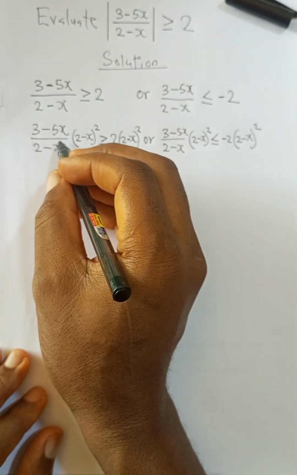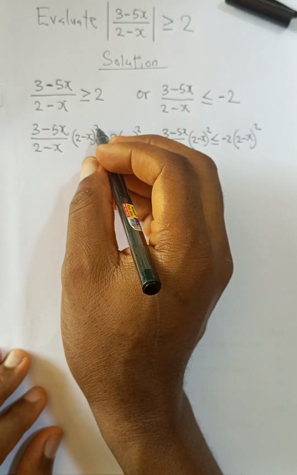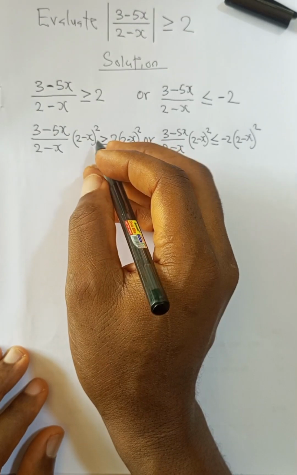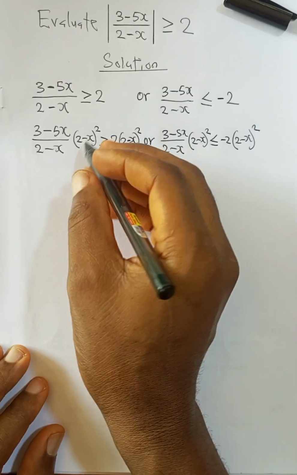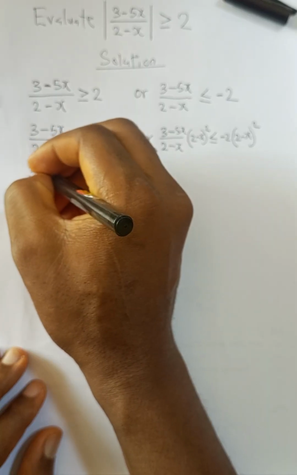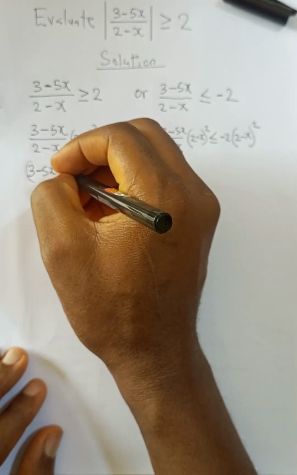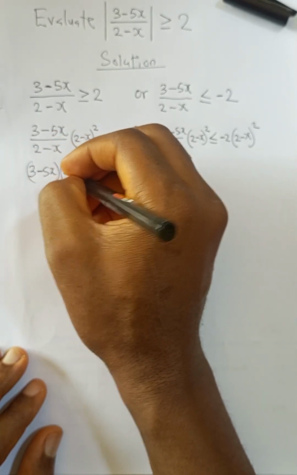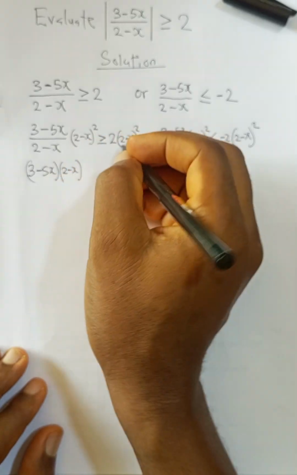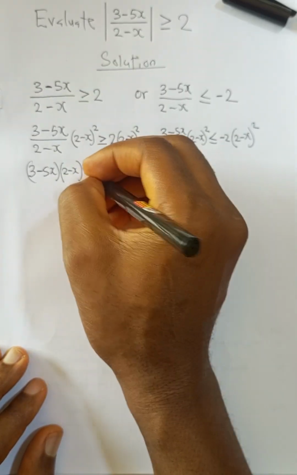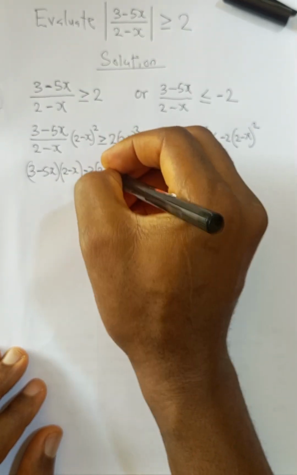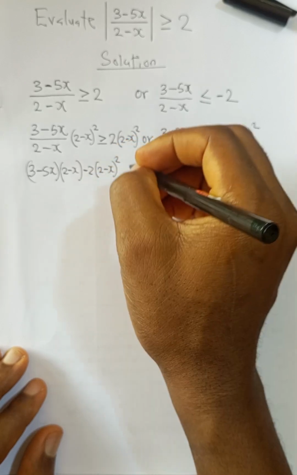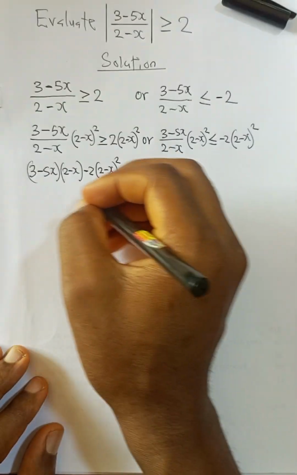Now, when this cancels one of these, it remains one. So we have (3 minus 5x) times (2 minus x). This one comes to this side and becomes minus 2 bracket (2 minus x) squared. Let's just solve this one down.